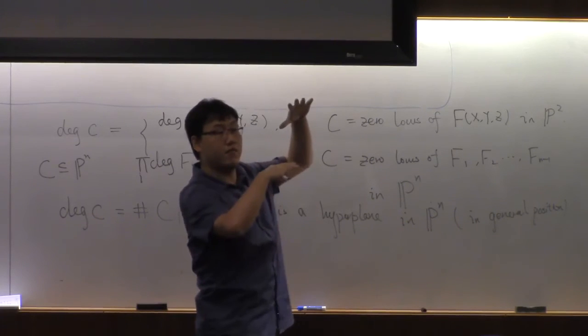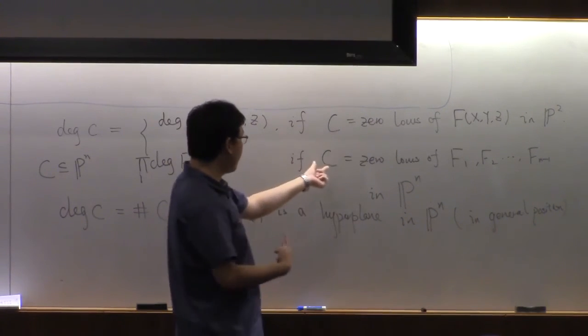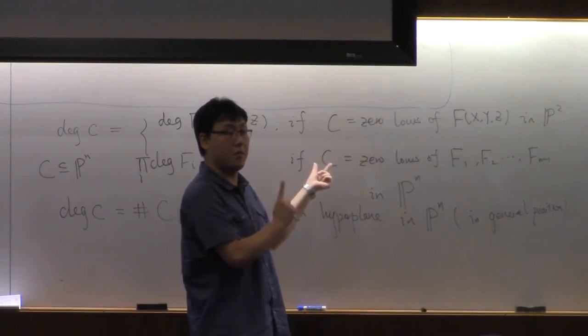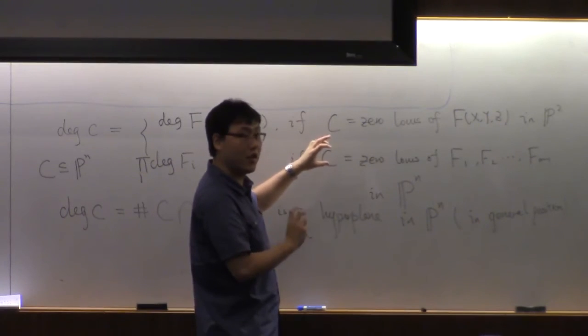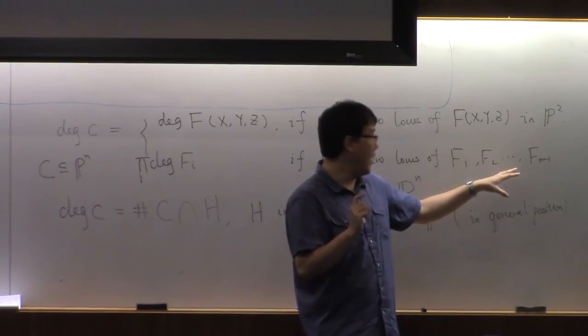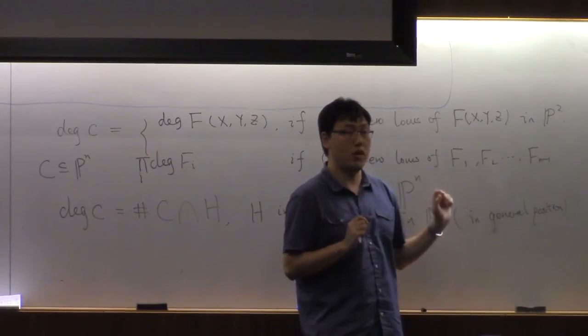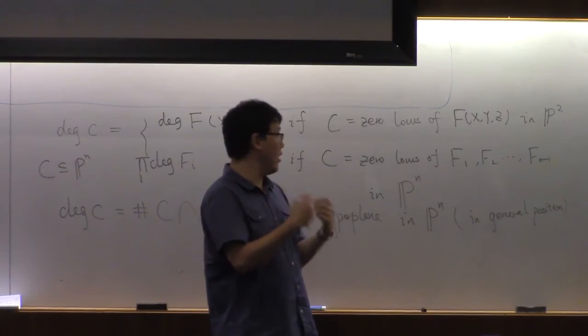The dimension can be bigger than 1. But the curve C has dimension 1, so very few curves can be defined by exactly n-1 equations. In general, you should have more equations.